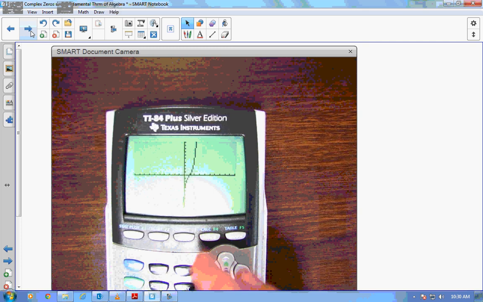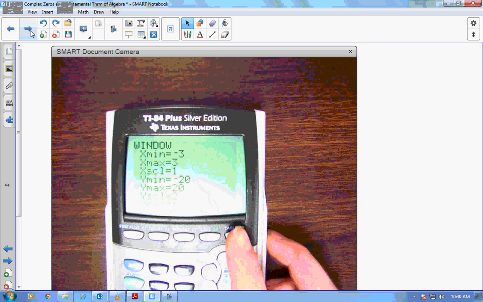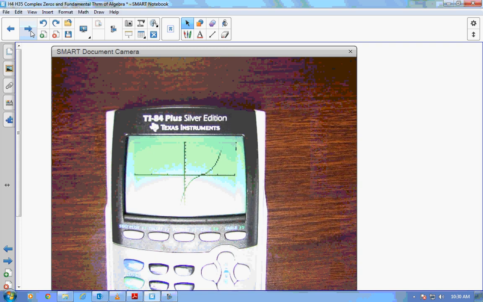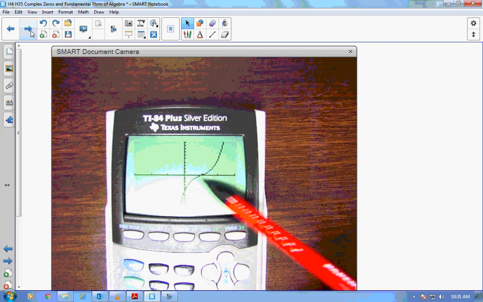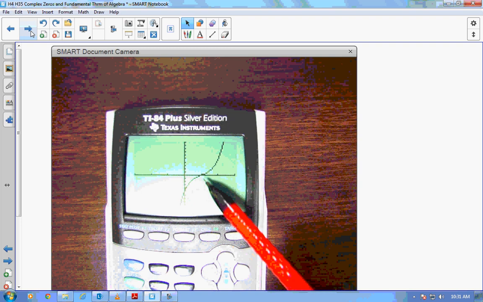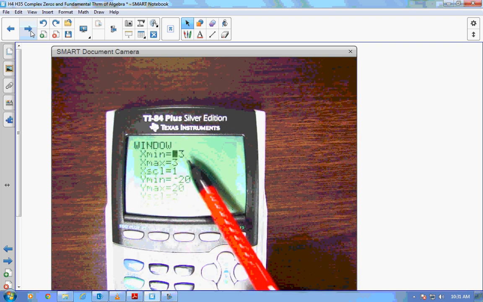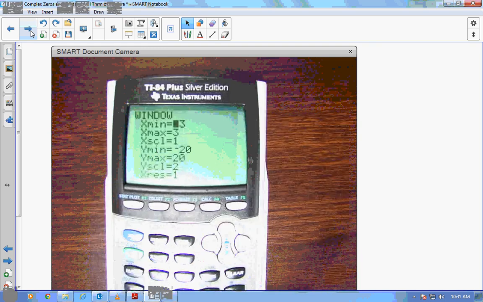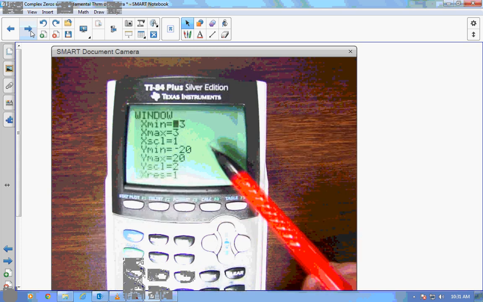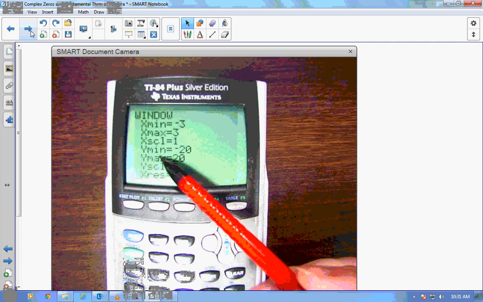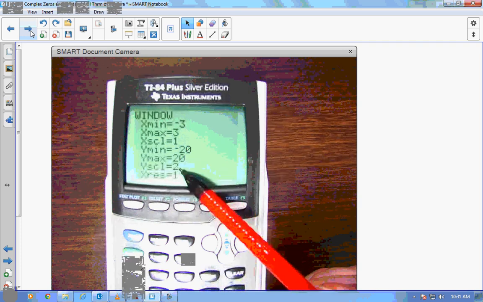Still not very good. Okay, where does it cross the x-axis? What did you do for the window? I put x's as negative 3 to positive 3, counting by 1s. And then the y's, I'm still not very happy with, but at least we can see one of the intercepts. The y min, I did negative 20 to positive 20, counting by 2s. The scaling is what you're counting by.